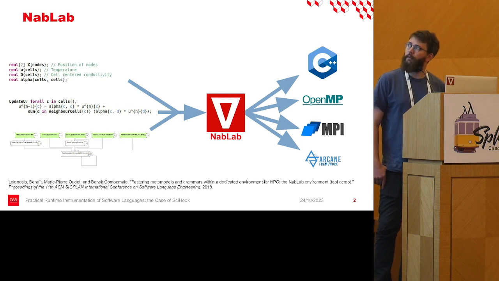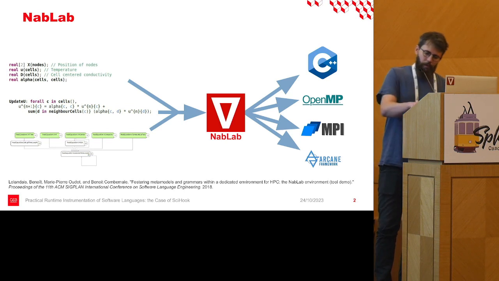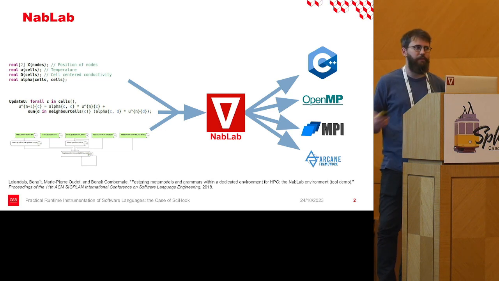NabLab is a DSL for numerical analysis, which is developed at CEA. And with this DSL, you can define your variables, which are physical quantities that you want to simulate. And so we can see that the data types are more mathematical in their nature.